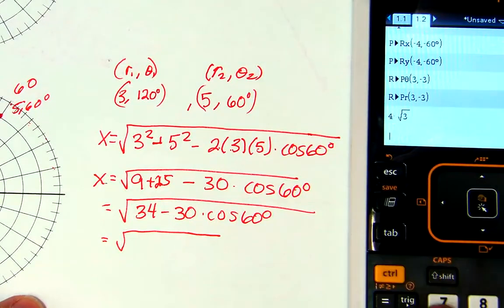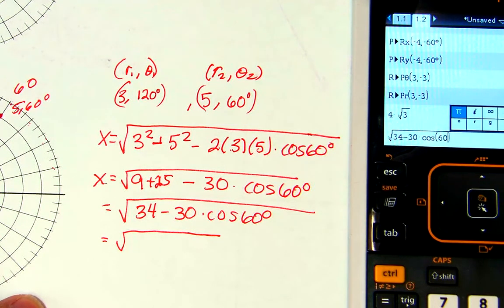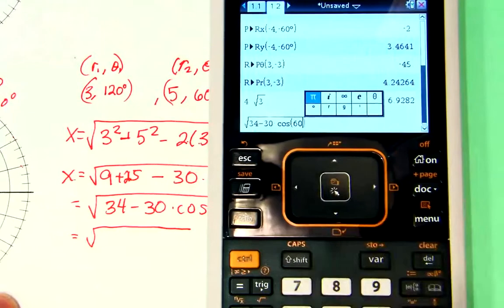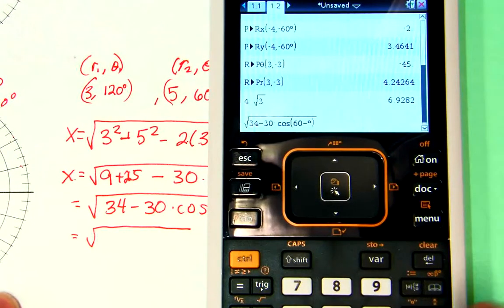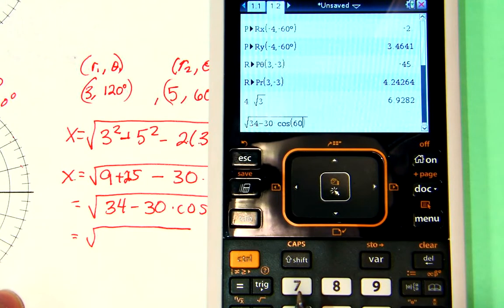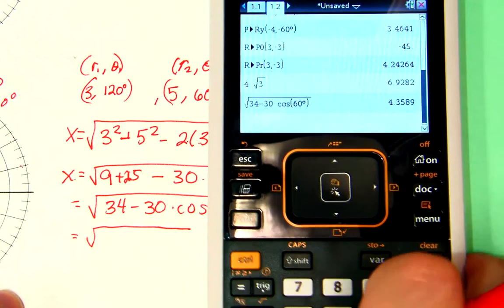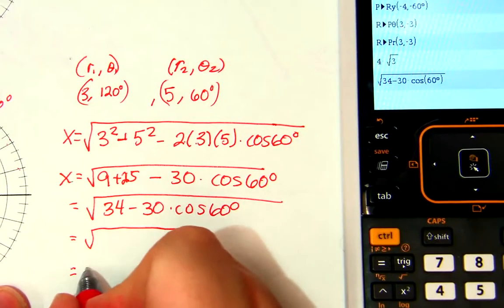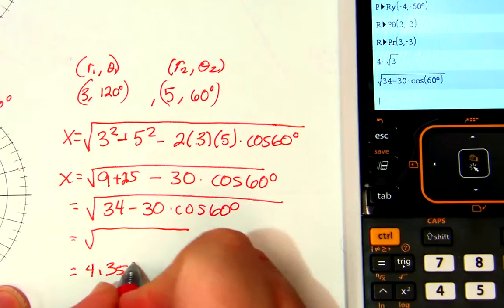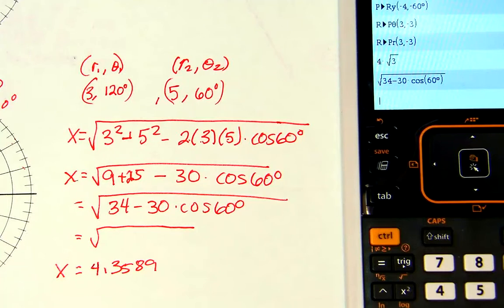But easiest way, 34 minus 30 times the cosine of 60, and then remember to always put the degrees in there just in case someone's been messing with your calculator. And we want to keep things in degrees because most of my classes are geometry and they need degrees, or else they'll freak out. And you get 4.589 as your x value. And that's how you get your distance.